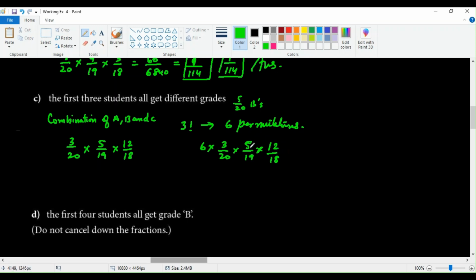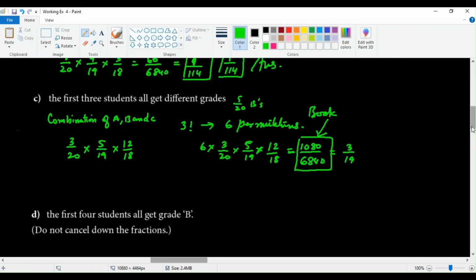So once we simplify all this, we get 1080. You can use a calculator, and then this becomes 6840. Once we simplify, we get 3 over 19. Even if you write this much, it's enough because this is the answer which is provided in the book.